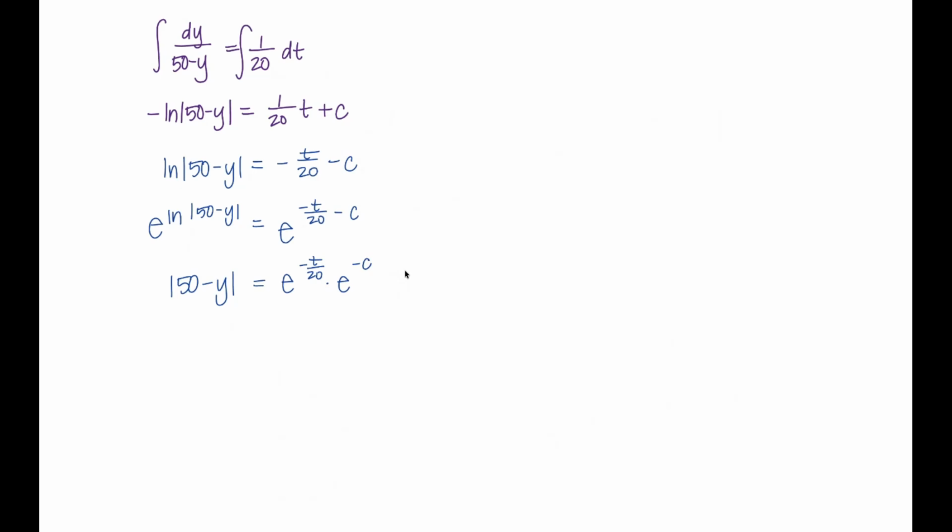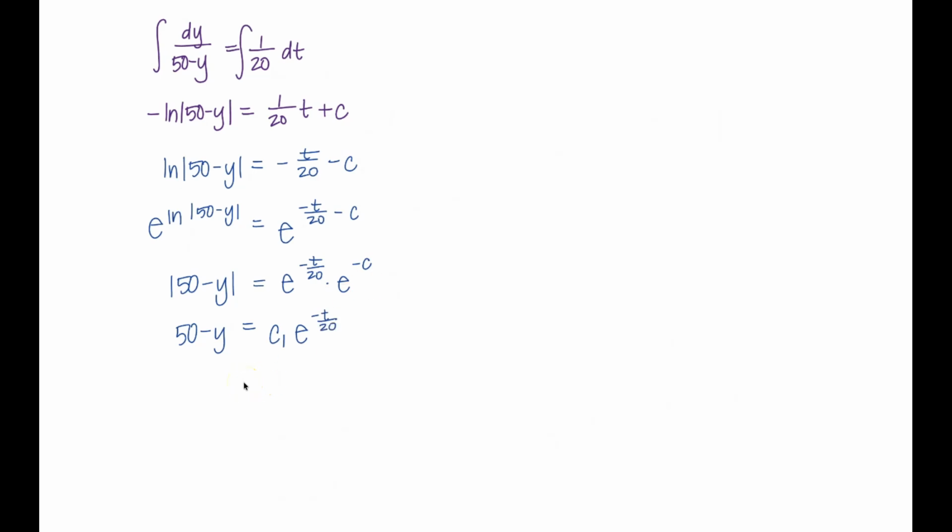We haven't solved for it yet. So we can remove the absolute value bars here, and it just becomes 50 minus y. And then this e to the negative c is some other constant. Let's just call it c1. And then we still have c1 times e to the negative t over 20.